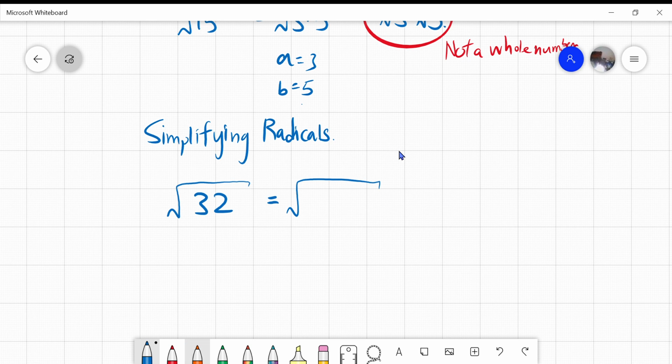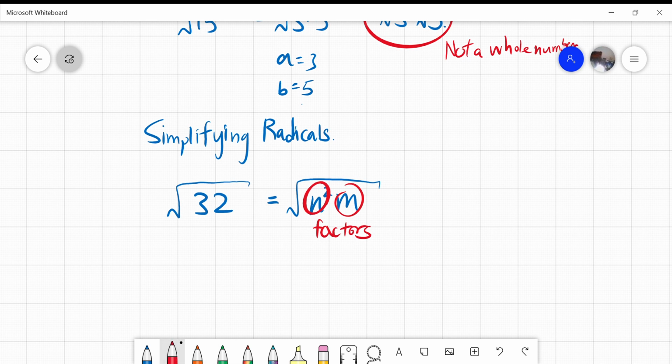So let's just say it's n squared times m. So therefore, n squared and m are both factors. So let's go ahead and do that.